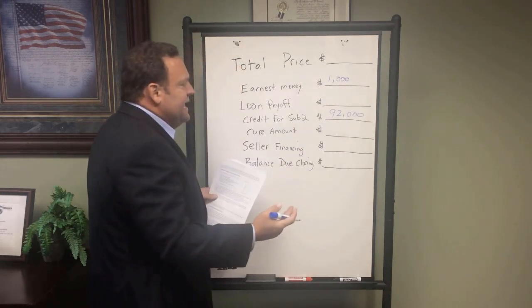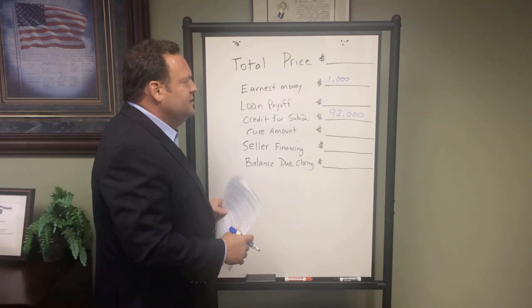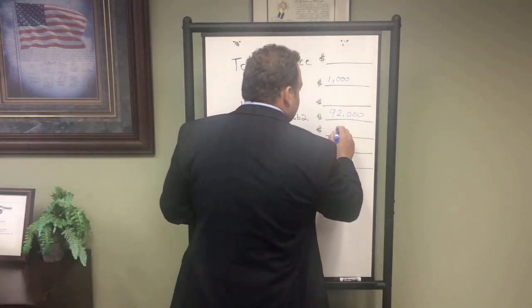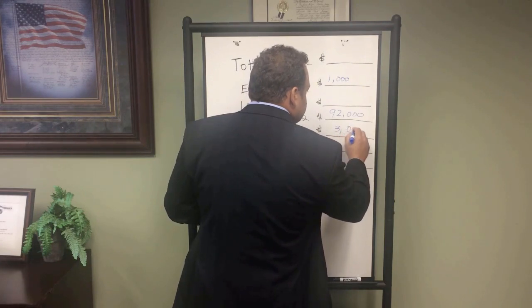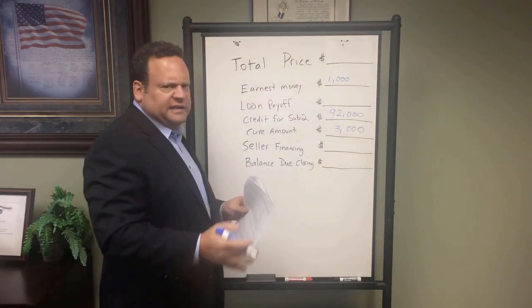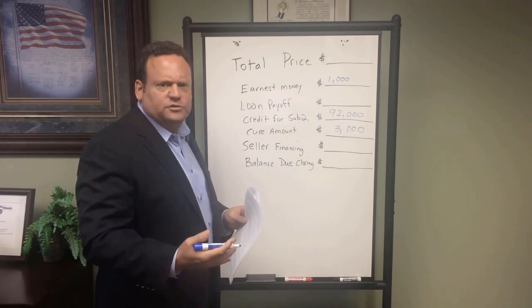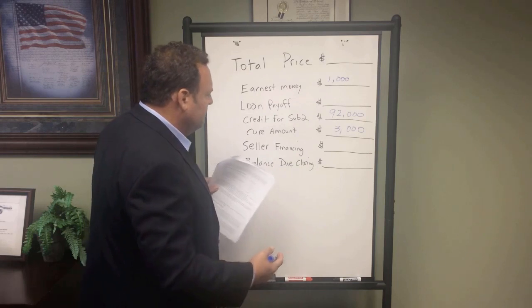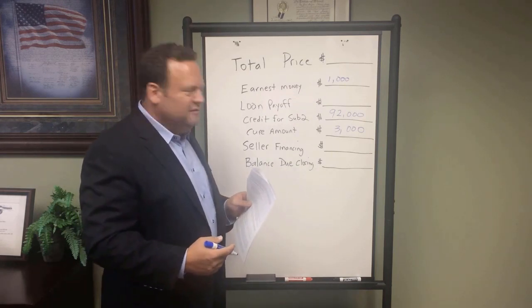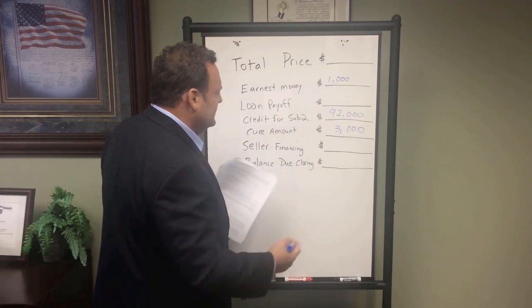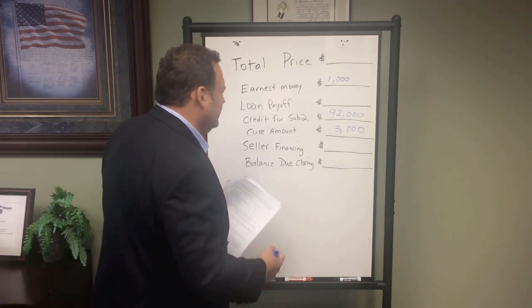Let's say it requires $3,000 to cure it, so we'll put $3,000 in this blank right there. Seller financing: if the seller has a lot of equity and you're going to give them a note for the difference, you would put that there, but that's pretty rarely the case. So in most cases, the loan payoff of a second or seller financing will be blank, but they're there just in case you need it.